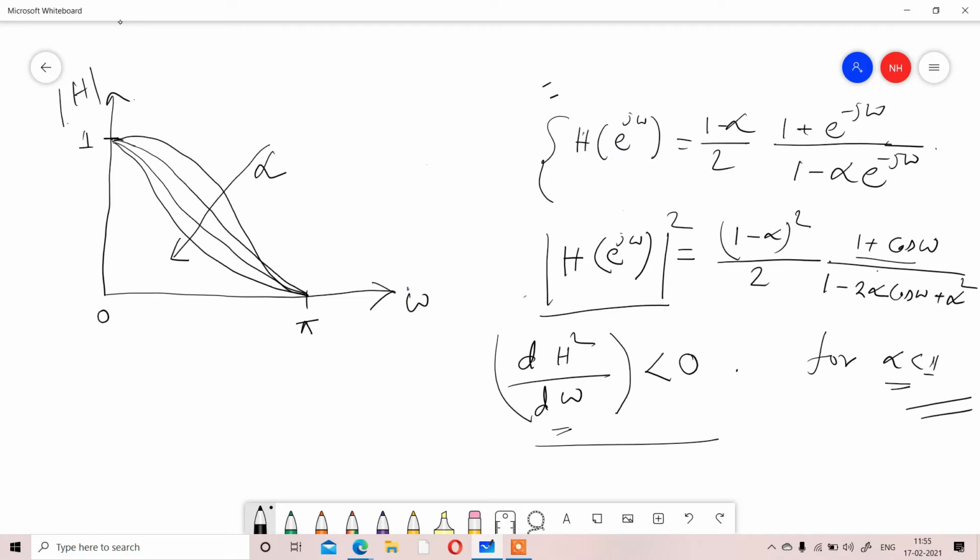Means if we reduce the alpha value, we'll get the curve reducing like that. So that will be the simple characteristics of an IIR filter.